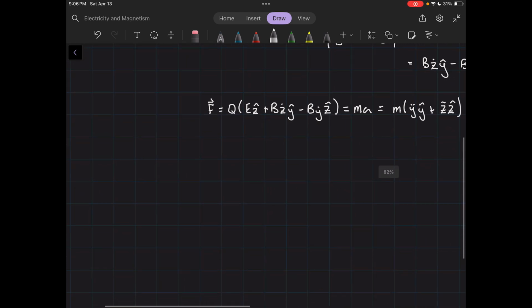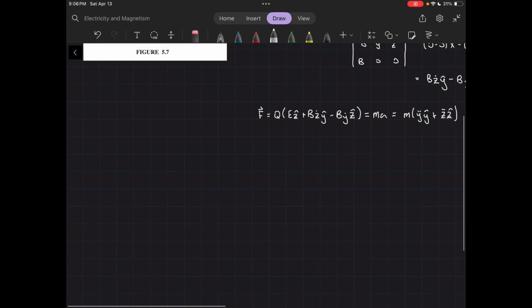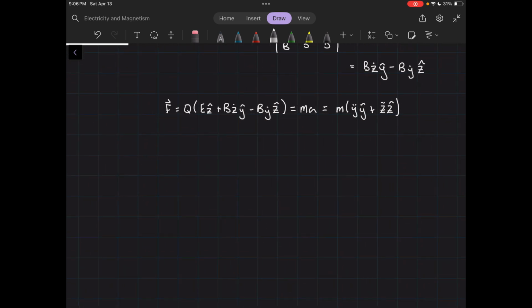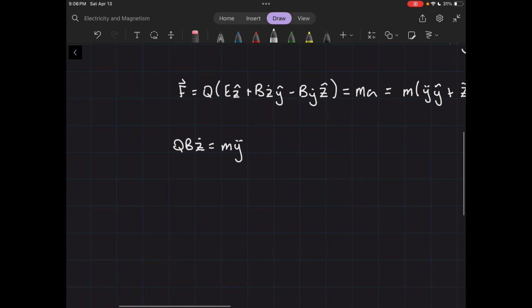So then from here we can go ahead and isolate the y and z components, and essentially we end up finding QB z dot is equal to m y double dot, and these dots, to clarify, are time derivatives. Of course this is the velocity in the z direction, that's the first time derivative.